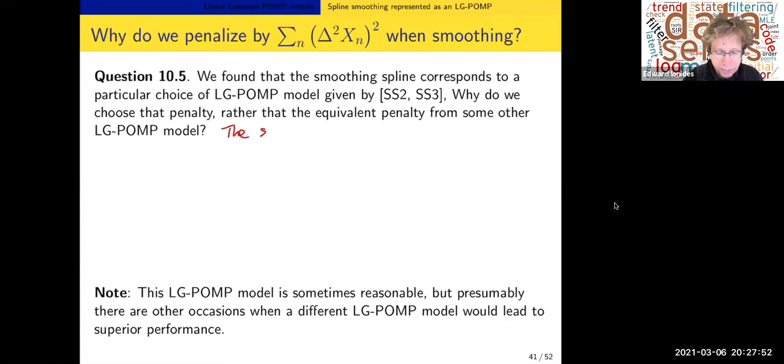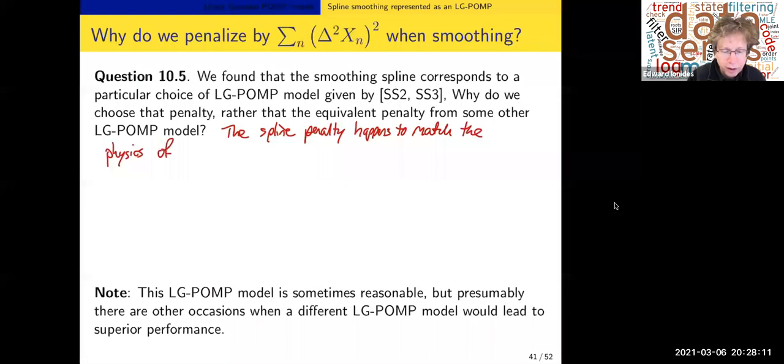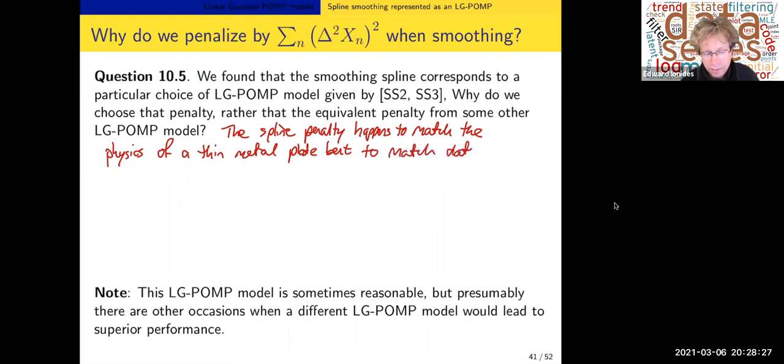The spline penalty happens to match the physics of a thin metal plate bent to match data.